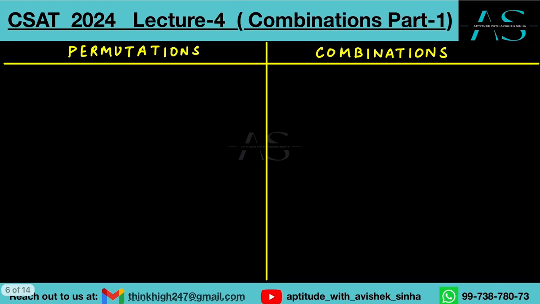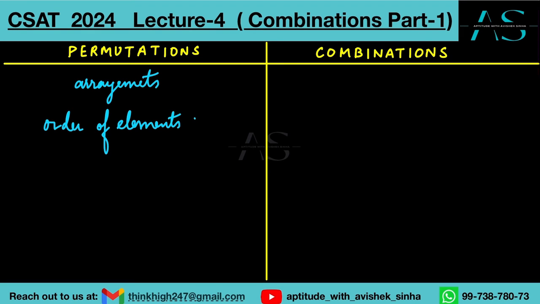Alright, first things first. What is the basic difference between permutations and combination? I feel all of you know this by now, that permutations are arrangements of elements in which the order of elements matters.